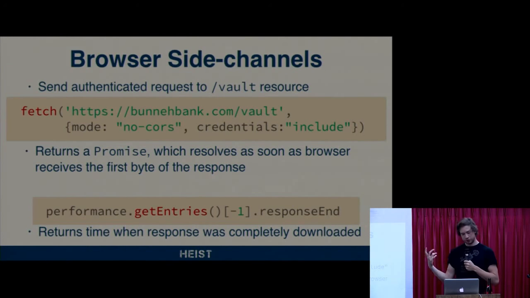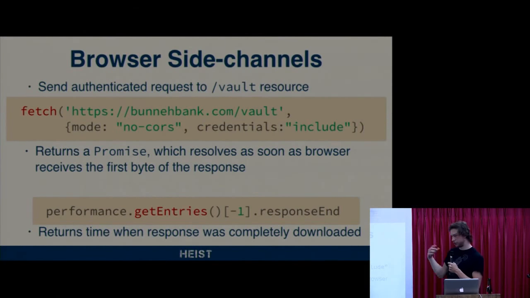And in order to do this, we exploit certain side channels which are related to timing. So first, the first side channel is that we want to discover when the first byte of a response has been returned by bunnybank.com.